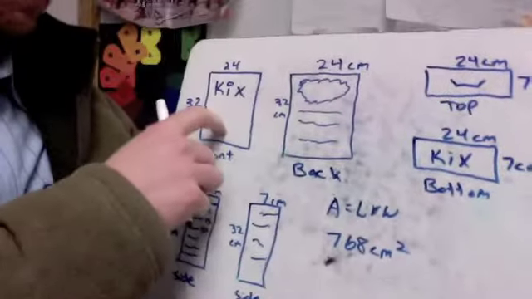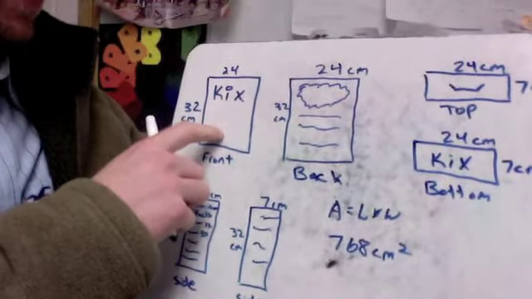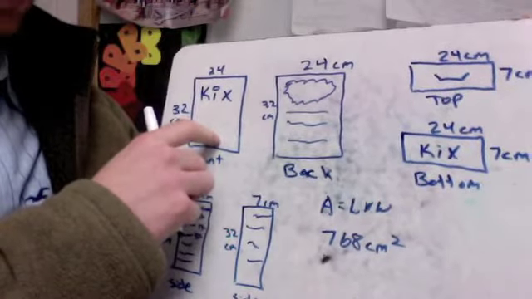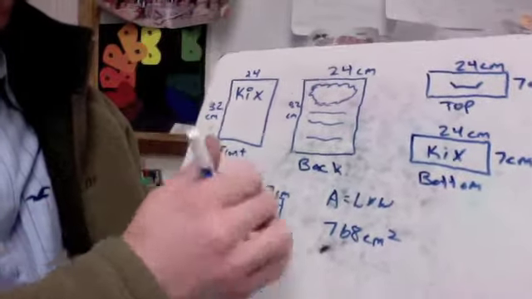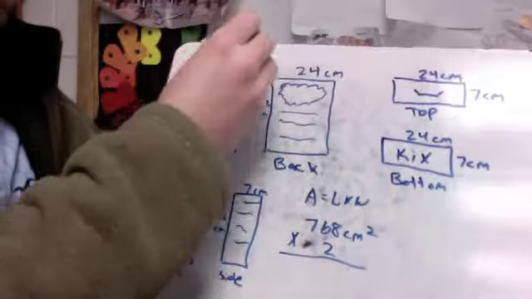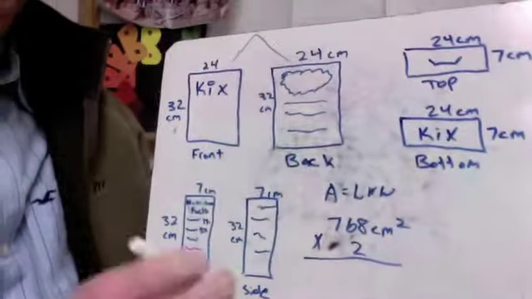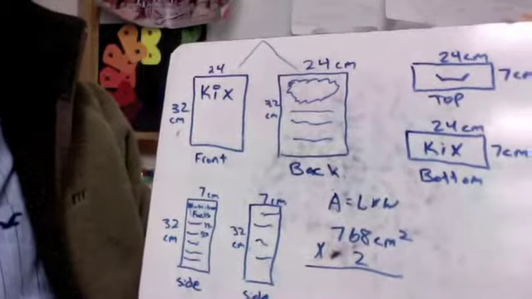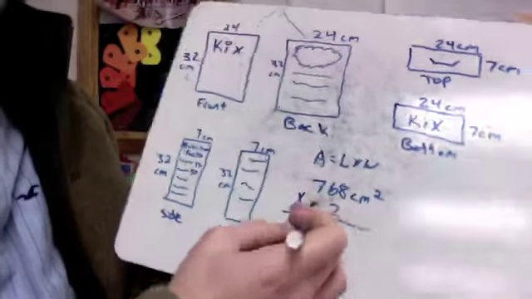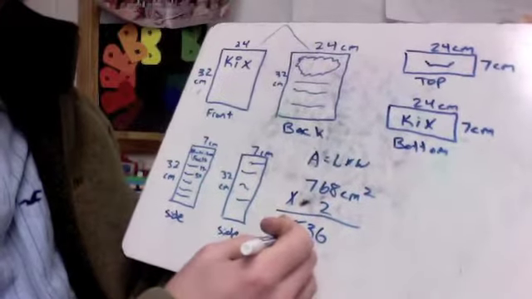That means we would have 768 centimeter squares that would fit inside of this. Now I'm going to multiply by 2, because we've got 2 of these surfaces that are exactly the same. If I multiply this by 2, I get 1,536. This takes care of the front and the back.